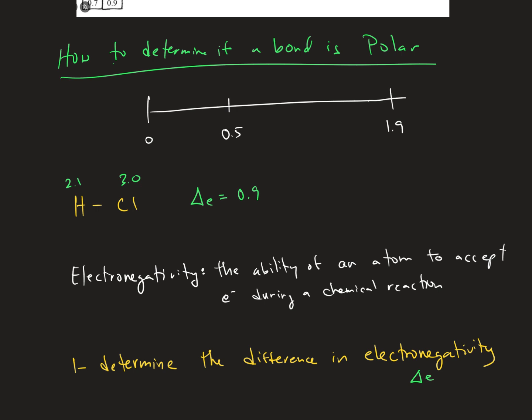Now we look at this scale. If the difference in electronegativity is between 0 and up to 0.5, do you understand this notation? Bracket if it includes it, parenthesis if it's up to that but doesn't include it. We consider this nonpolar. Anything including 0.5 up to 1.9 is considered polar.